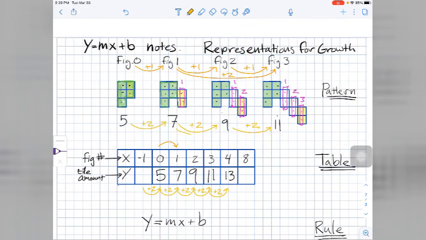The tiles increase by 4. So when the figure increases by 1, the tiles increase by twice as much. They increase by 2. When the figure increases by 2, the tiles increase by twice as much. They increase by 4.